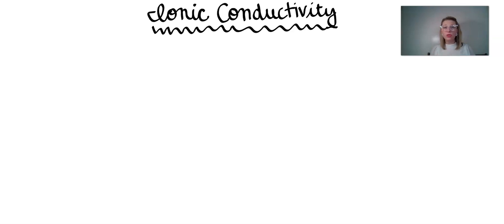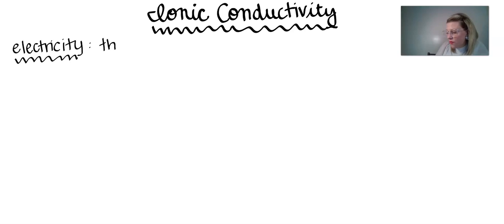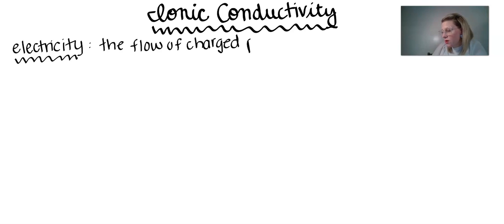Metals do conduct because of the flow of those electrons that exist in metals, but it's not just limited to that. So let's define electricity. Electricity is defined as the flow of charged particles. Again, that could mean electrons like in metals, or it could mean other charged particles like ions.